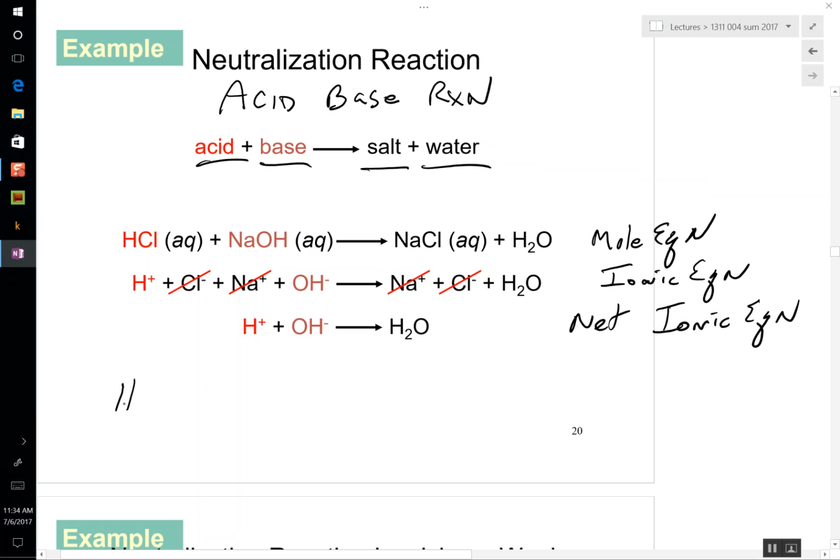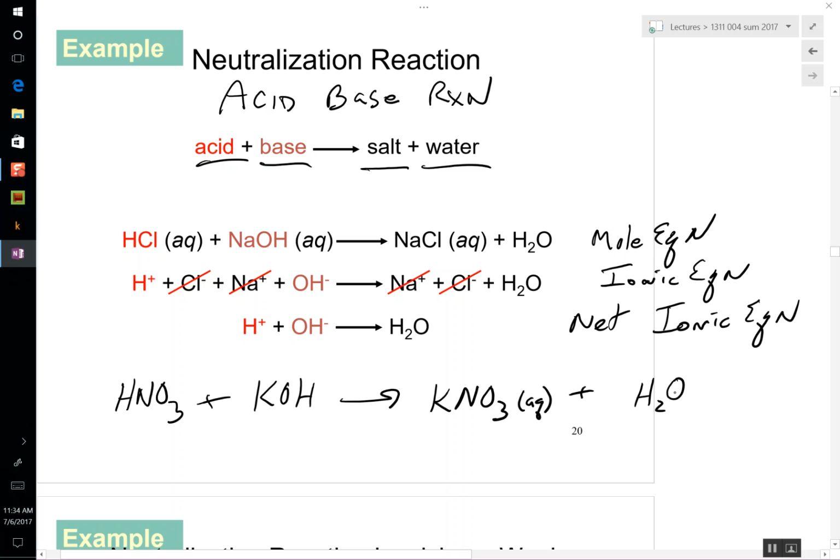So if we had nitric acid plus, let's change the base, we're going to get potassium nitrate and water. All right, so salt, that isn't the name of that compound. That's the class of compound that sodium chloride falls into.